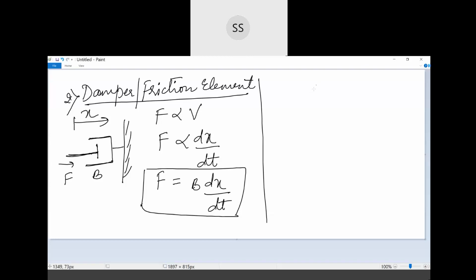For that, let us draw the representation again, that is D. Here the applied force F is there. Assume that the two ends have displacement like this.